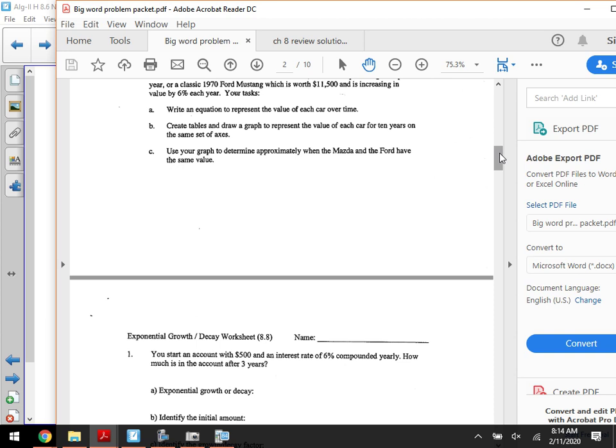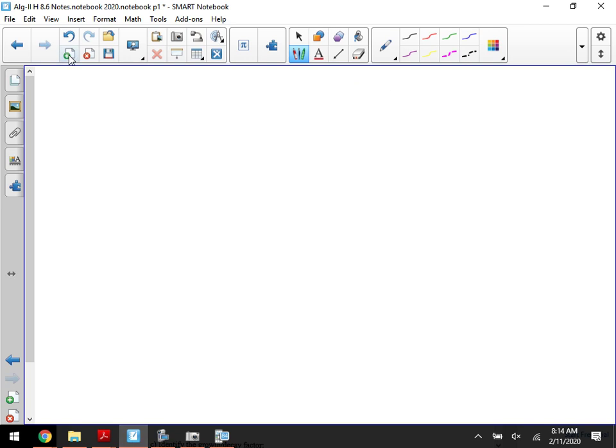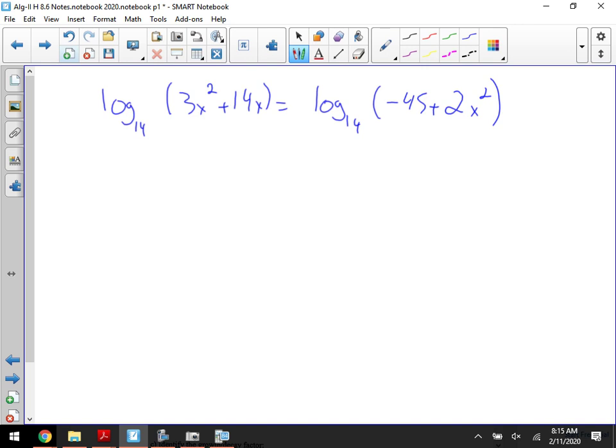What else we got? What do you got? Which one? 24? So 24, in order to solve this one, you've got log base 14 of 3x squared plus 14x, equals log base 14 of negative 45 plus 2x squared. Since you've got the same log base on both sides of the equation, you could take the 14 off and everything would drop.